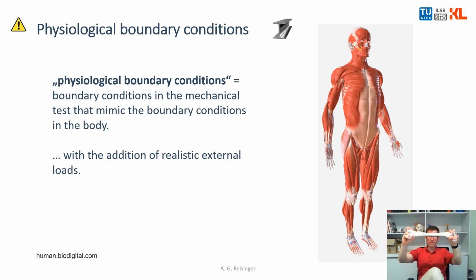You would like to measure fracture load in that direction, and you can do that, of course, but it makes a difference whether this bone is covered with a lot of muscles and the muscles are exerting some force on the bone, or there's nothing. So it depends really on the research question, how closely you have to resemble the physiological boundary conditions. And the physiological boundary conditions are the boundary conditions in the human body.